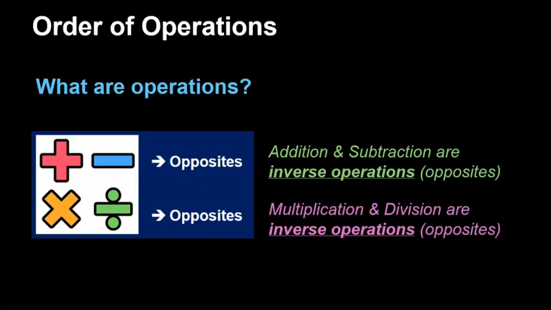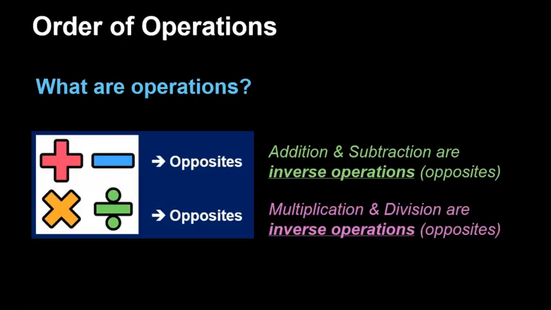Order of operations, and before we start, we just want to first understand what do we mean by operations. Operations is simply adding, subtracting, multiplying, and dividing. And so when we say order of operations, we mean in what order do we perform operations in math.